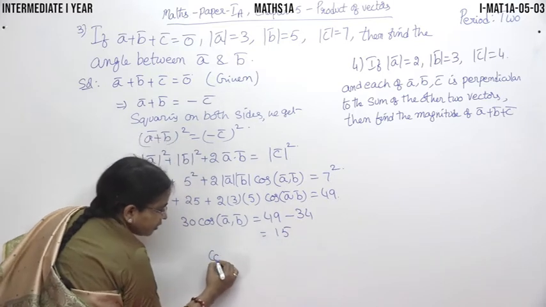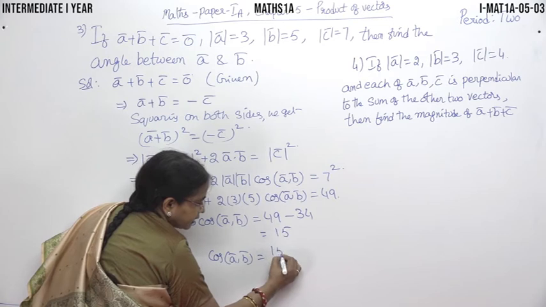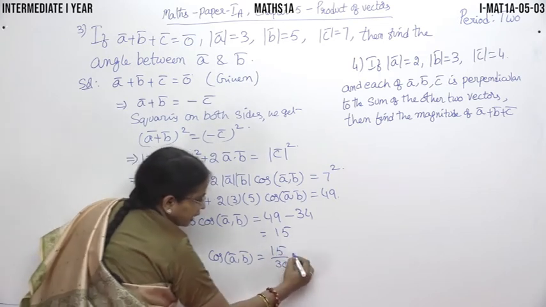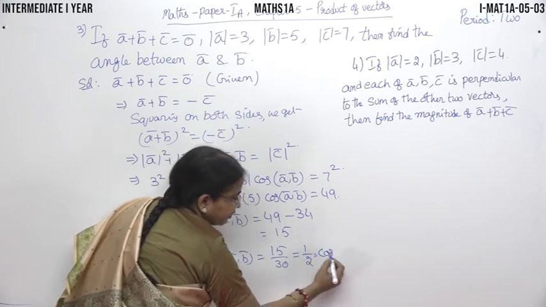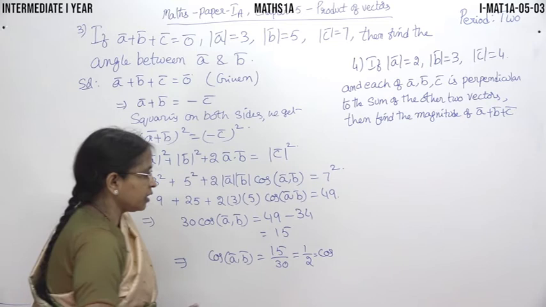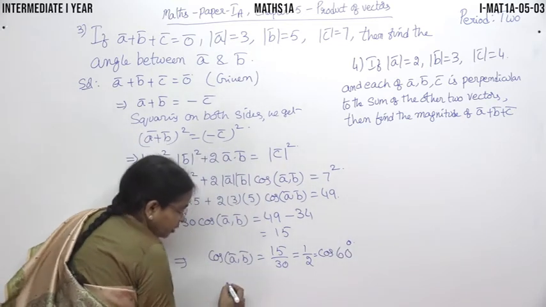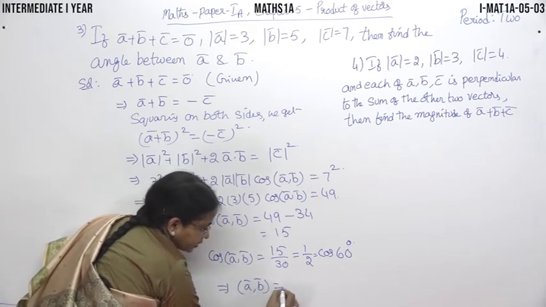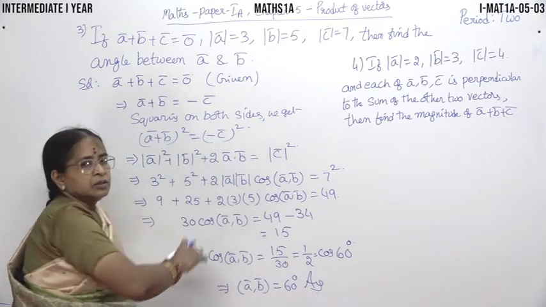So cos of angle between A and B is 15 by 30. That is half. Now this half can be written as cos of what angle? Cos of 60 degrees. So the angle between A and B is 60 degrees. So like this we solve the problem.